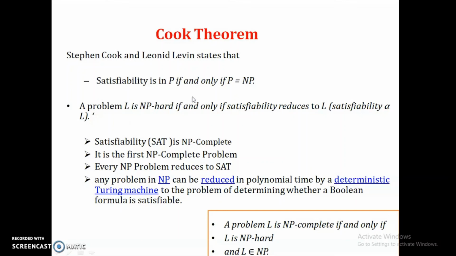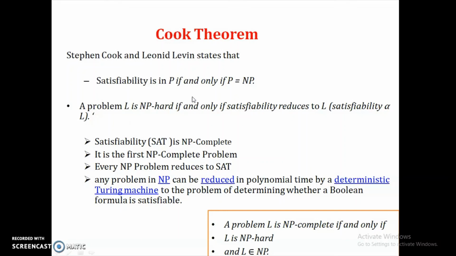To solve that problem, we need to check all the 2 to the power n combinations of variables. So it always produces the output in 2 to the power n time, that is an exponential time problem. So there is no deterministic algorithm which will solve the satisfiability problem in polynomial time.